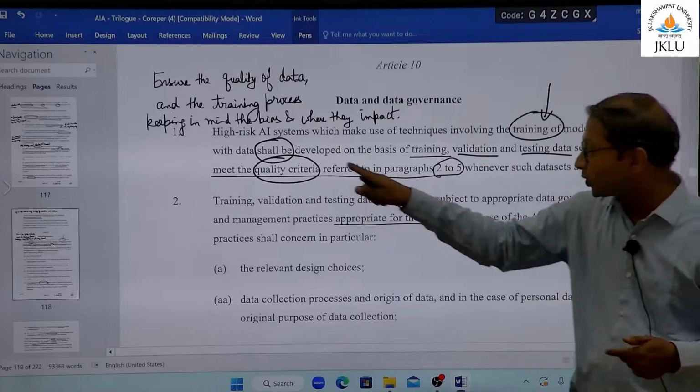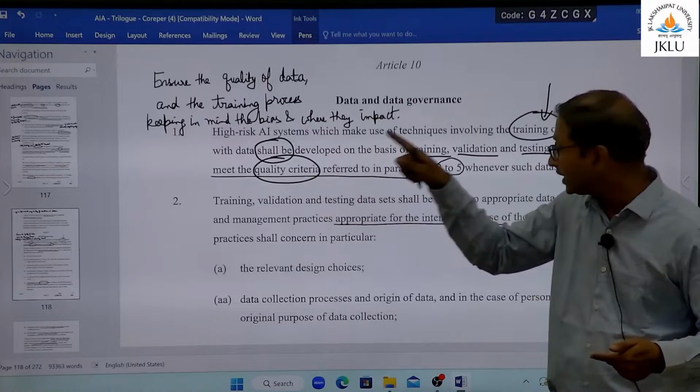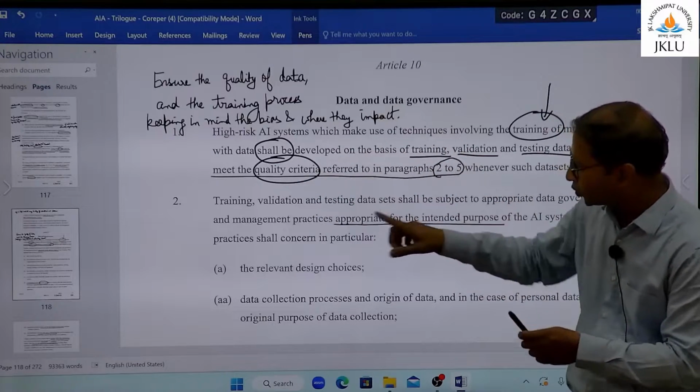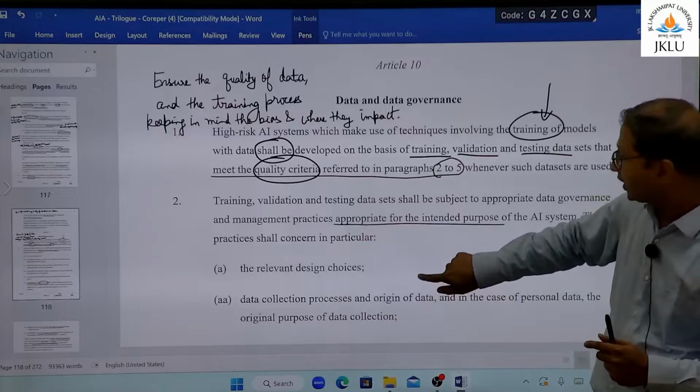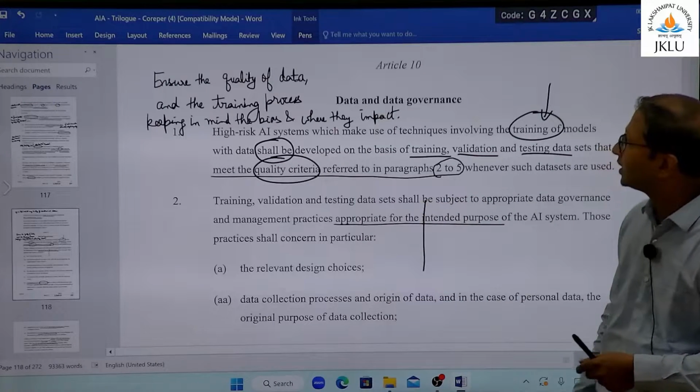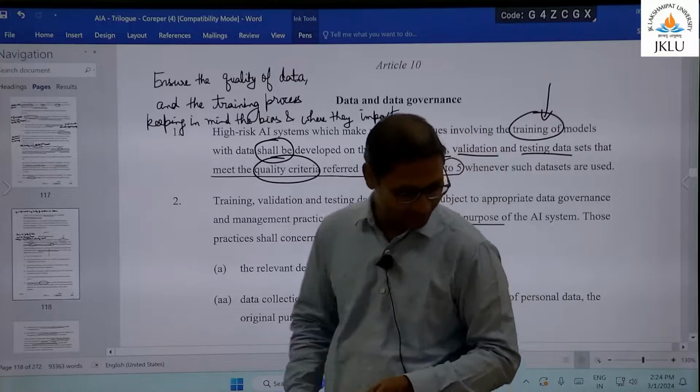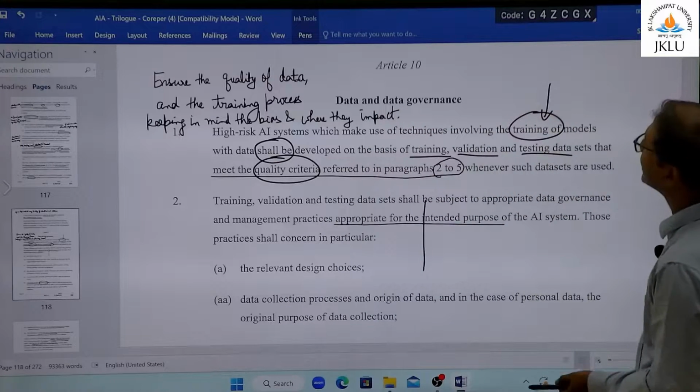Where do we infer those quality criteria from? They are told to us in paragraph 2 to 5. Okay? So we talk about the quality criteria now.